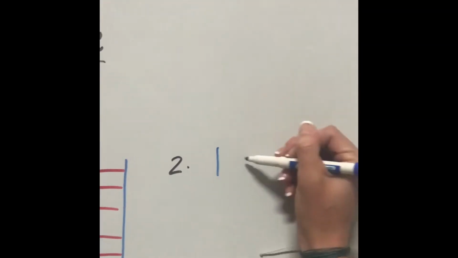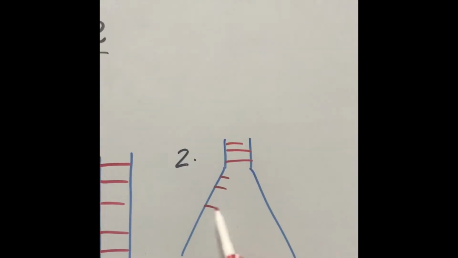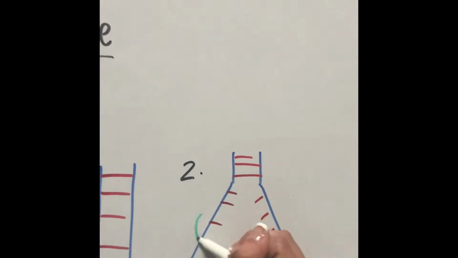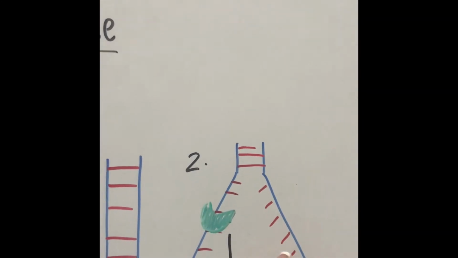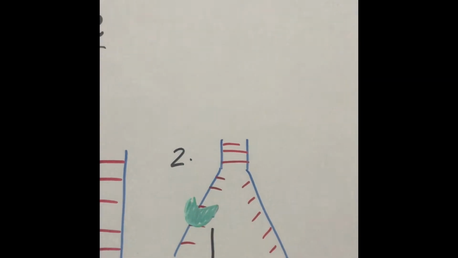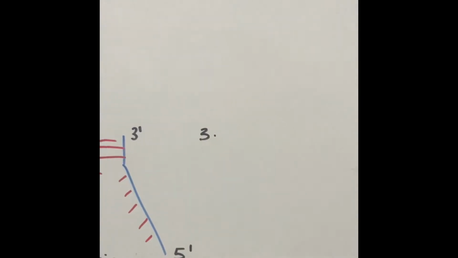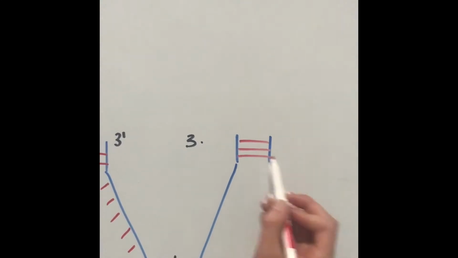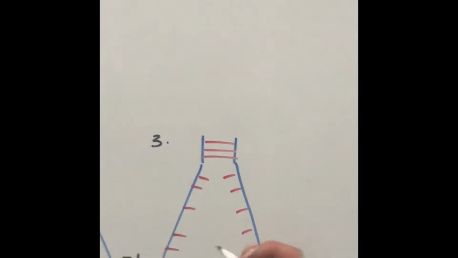Next, an enzyme called helicase separates the bases, resulting in a replication fork. Then the DNA polymerase matches the bases with their complementary base in the 5' to 3' direction.